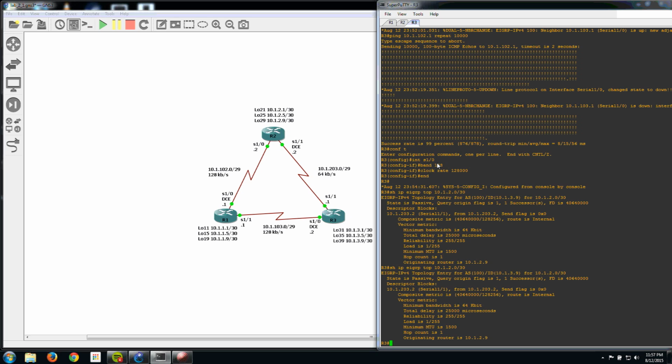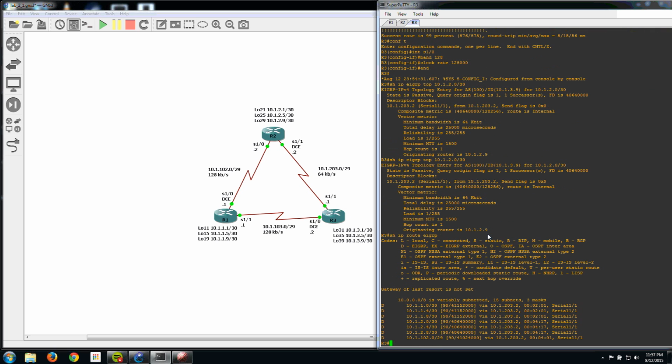Okay. Let's do a show IP EIGRP topology. See what we got here. I want to look at 10.1.2. That still looks like that would have been from the 64 kilobit. That should have actually changed quite a bit.